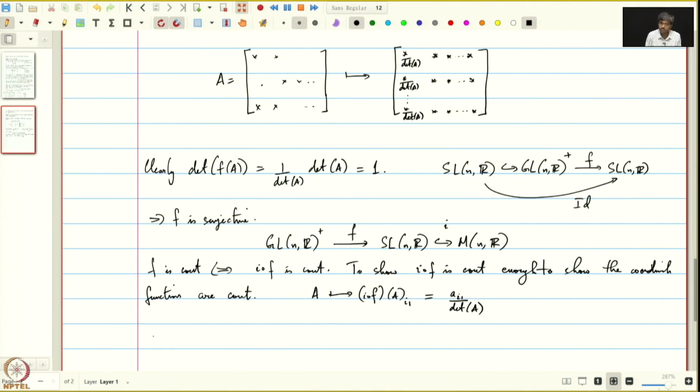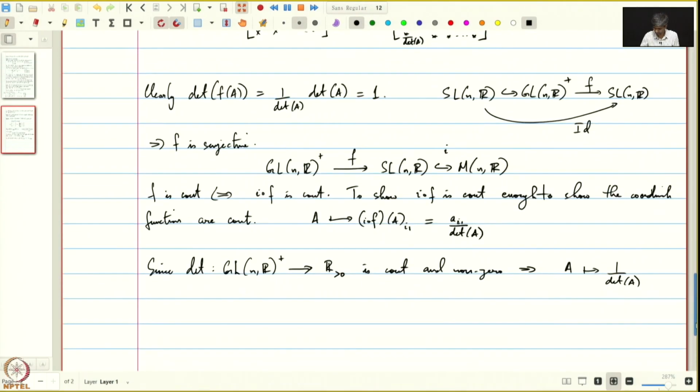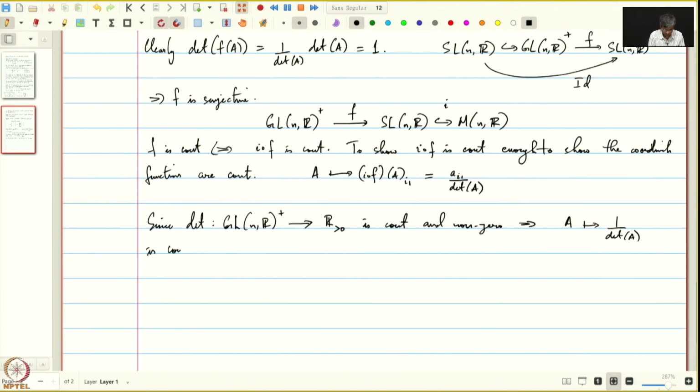So since determinant is continuous and does not vanish on GL_n(R)^+, non-zero, this implies the function A goes to 1 upon determinant of A is continuous, right?